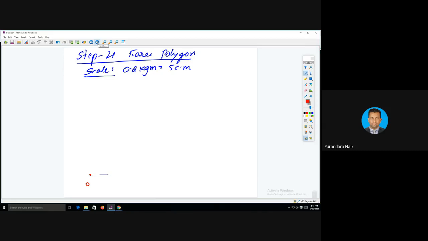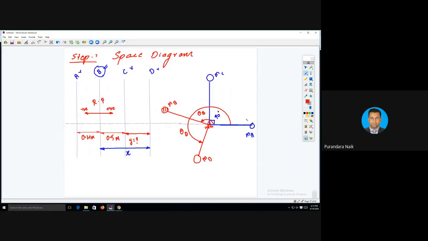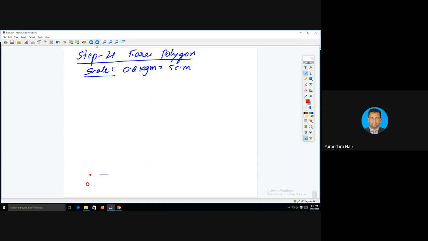6 centimeter. It is positive. That's why 6 centimeter in the positive direction. A has 0 degree angle. That's why 6 centimeter at 0 degree.